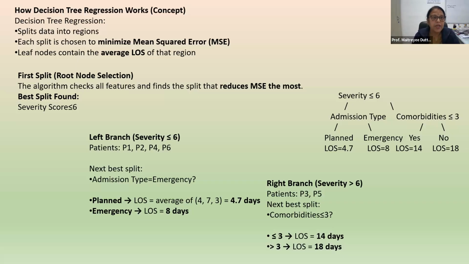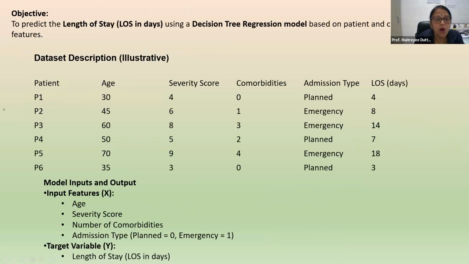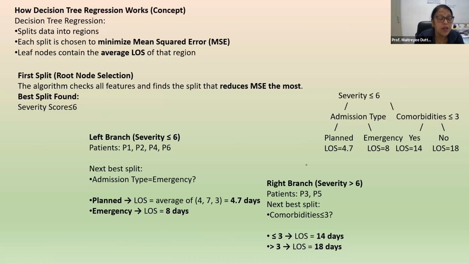That may happen. So with all the data I have, first of all we have to select the best split. We have found the best split to be the severity score. The algorithm will find it itself, right? For the example I am telling you, first I have found that severity score is less than or equal to 6.